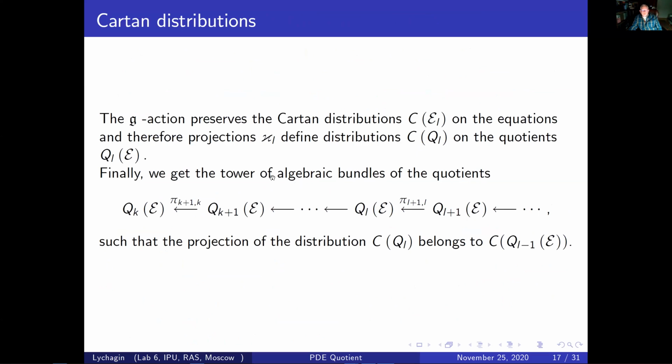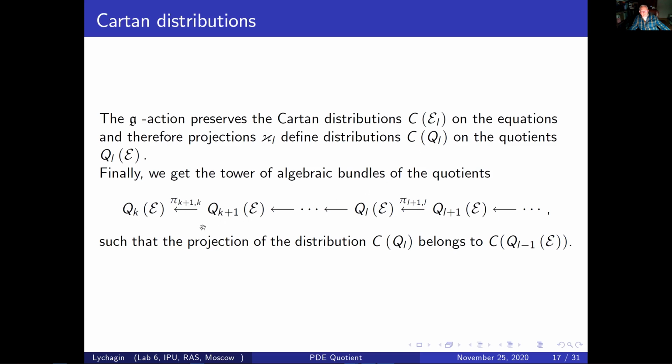Really, we have more than this. We have not only these projective manifolds, we also have some distribution on them. If you take the Cartan distribution from our equation and push it onto our quotient, because our group preserves Cartan distributions, we will get some distributions on these quotients.